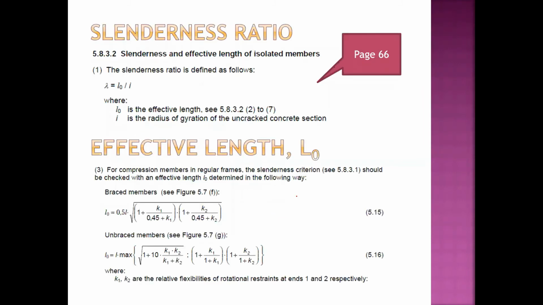For the first one, the slenderness ratio can be determined using these equations, where L0 is the effective length and i is the radius of gyration. For the effective length, we can refer to equations 5.15 and 5.16 from Eurocode 2.